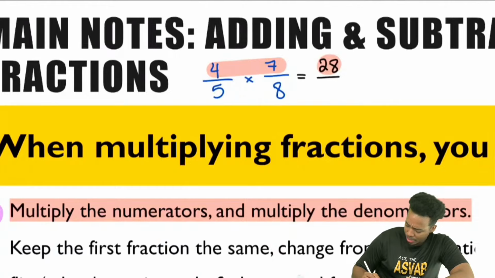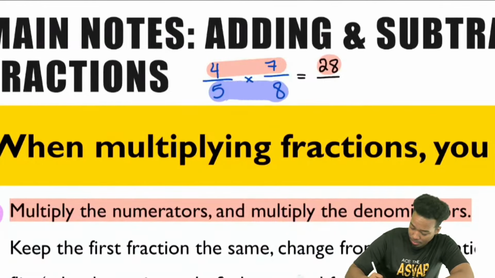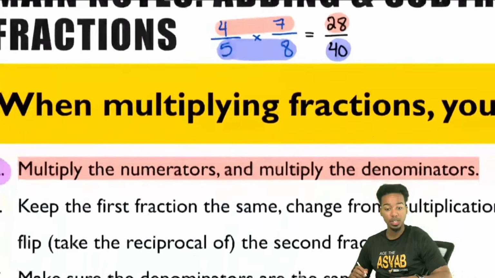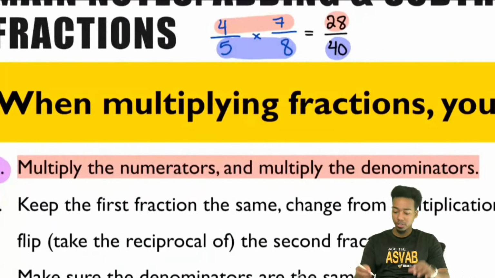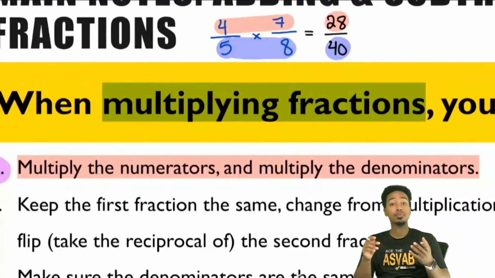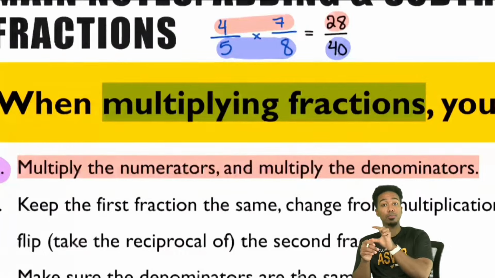In the denominator, we're going to multiply that. So we're going to have 5 times 8. Everybody, 5 times 8, that's going to be what? Cool. That's it. That's really, really it. When you're multiplying fractions, you're going to multiply the tops, multiply the bottoms.